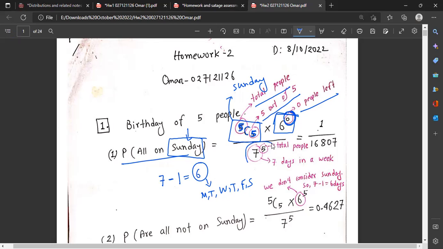And 7 to the power 5 is the total, because we have 7 days in a week and we are considering 5 people's birthdays. So it will be 1 by 16,807. So it is a very small probability.